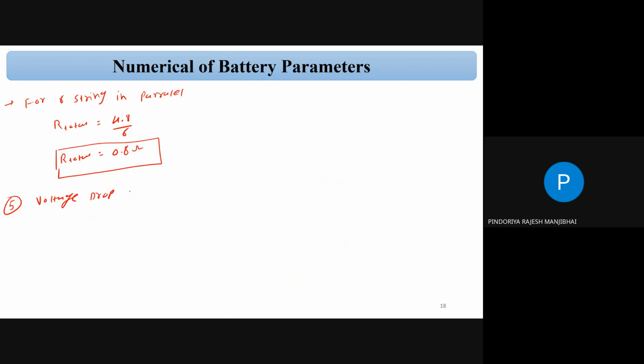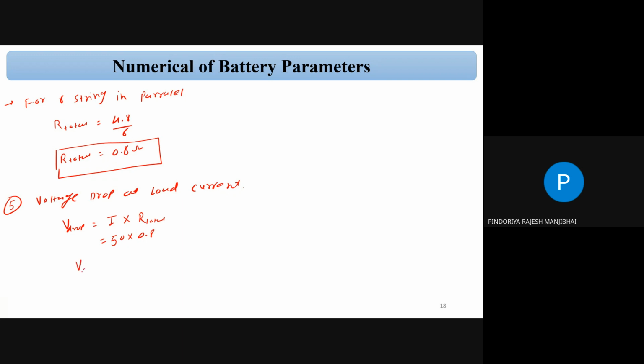Voltage drop at load current. Okay, so we have to measure the voltage drop at load current. So load side, how much voltage drop? We can write the voltage drop is equal to I into R. We have I as 50 ampere, and R total is 0.8.